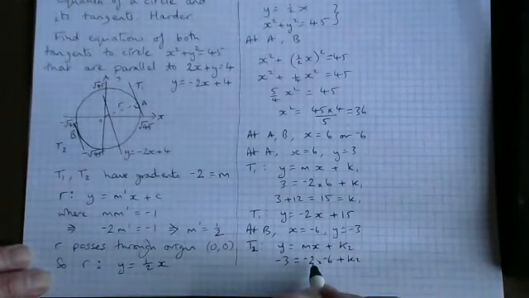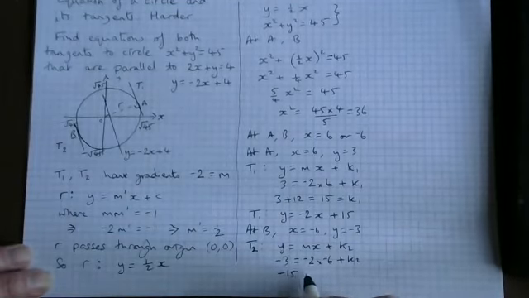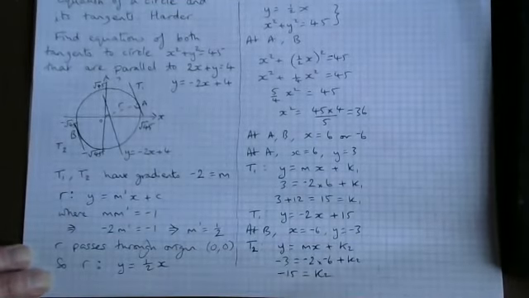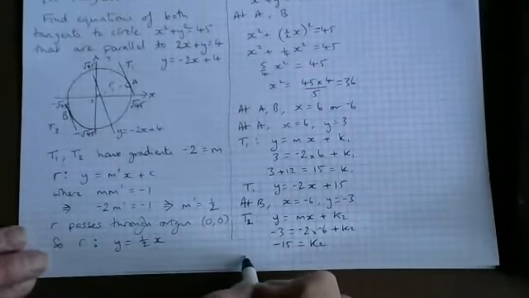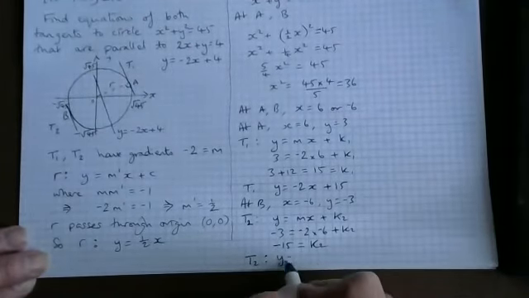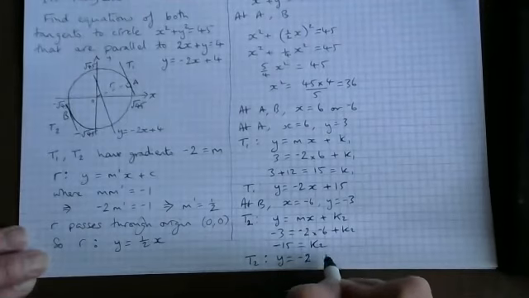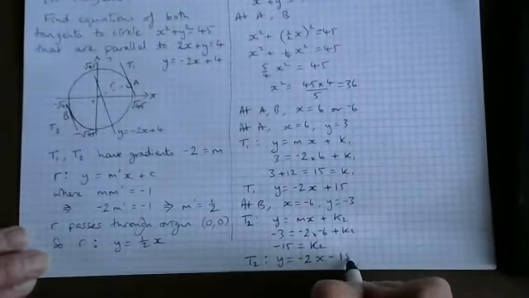Minus 3, that's minus 2 times minus 6 is 12, minus 3 minus 12, that's minus 15, or negative 15, equals K2. So at B, T2 is such that y equals negative 2x minus 15.